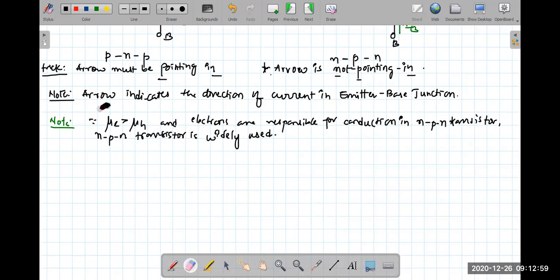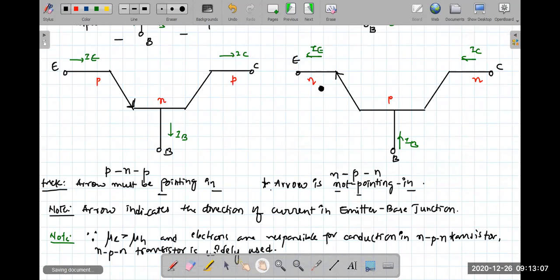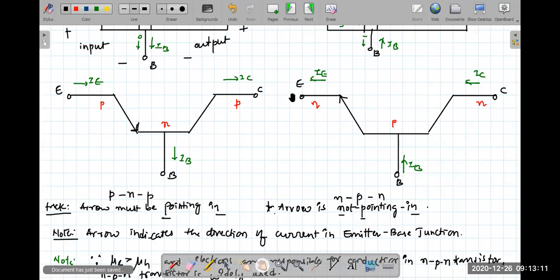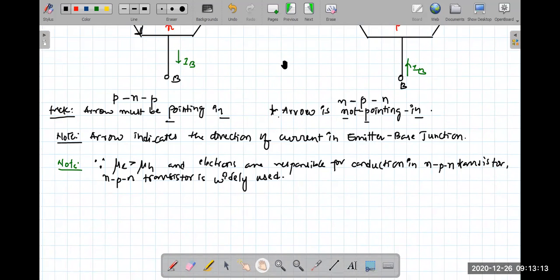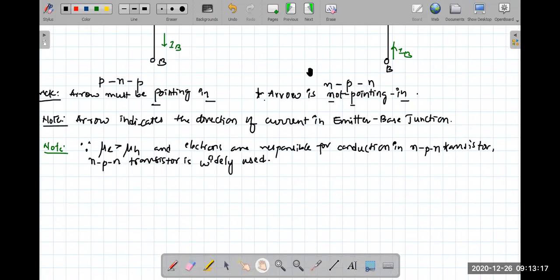Most of the applications will be using an NPN transistor, but the direction of electrons and direction of current are opposite, right? So for that particular reason, we'll be taking a PNP transistor for understanding the transistor, but in application we will go with the NPN transistor.